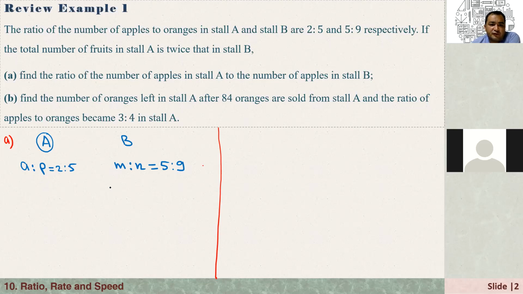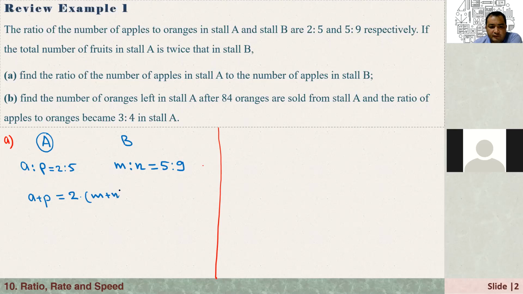It is also given that the total number of fruits in stall A is twice that in stall B. In stall A, how many fruits do we have? Just apples and oranges, that is A plus P. It says that is twice that in stall B. In stall B, how many fruits do we have?